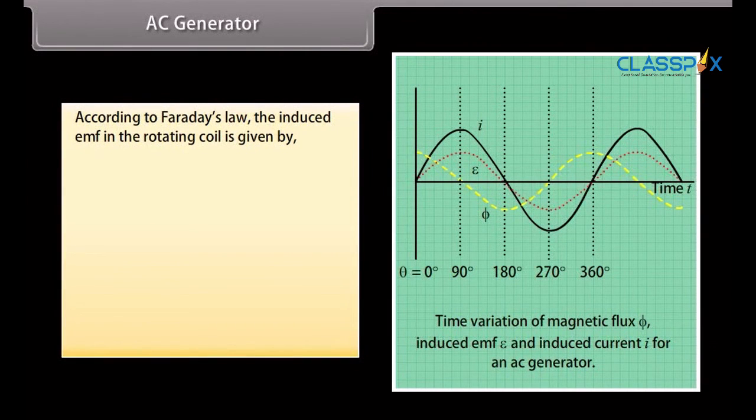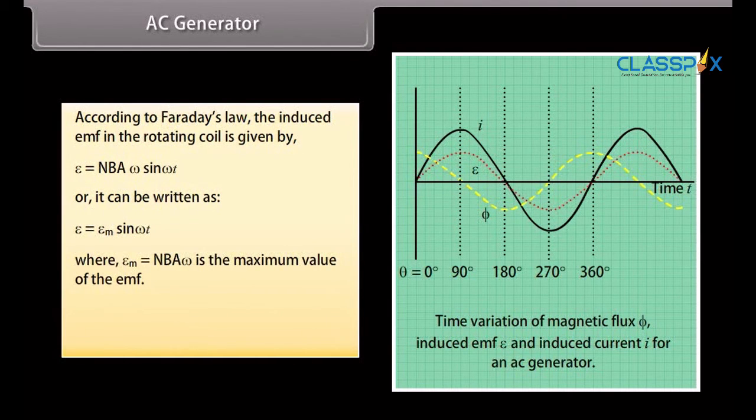According to Faraday's law, the induced EMF in the rotating coil is given by NBA omega sin omega t, or it can be written as E equals EM sin omega t, where EM equals NBA omega is the maximum value of the EMF. The induced EMF varies sinusoidally with time.